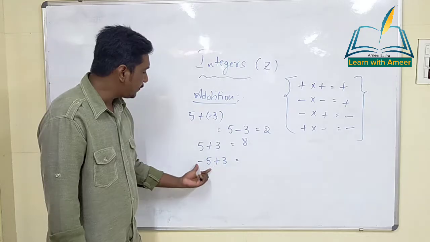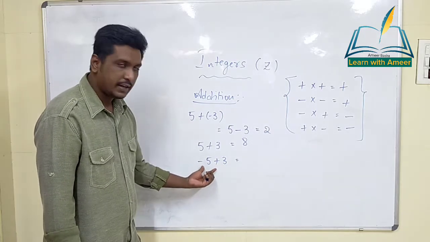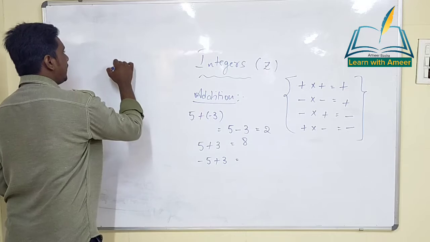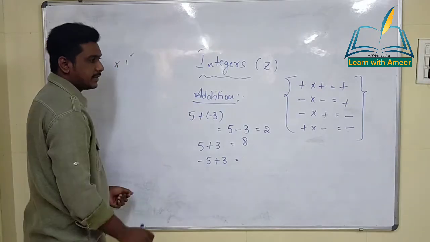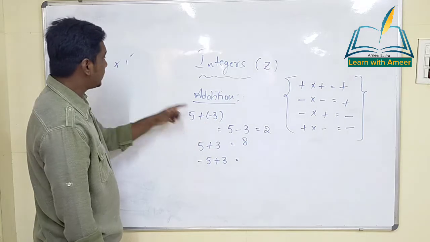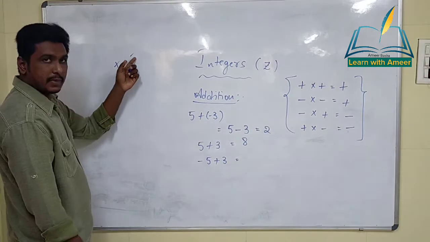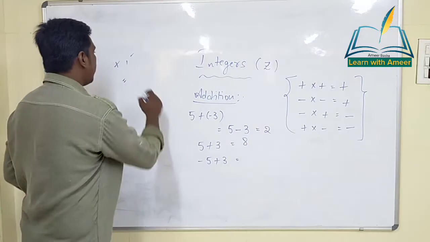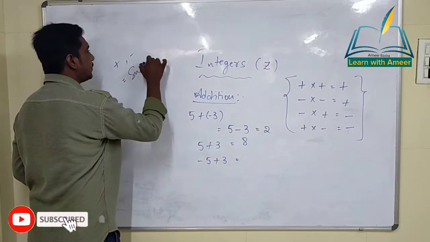So whenever we have two different symbols, if we have minus and plus like this, simply plus one number and minus one number, what we have to do is subtraction.